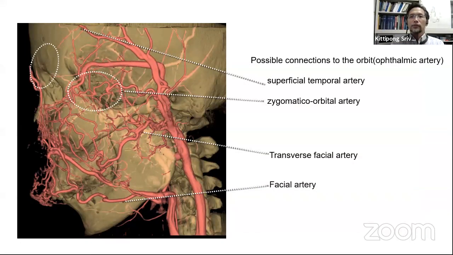So you have this kind of thing, but these are not only superficial arteries. Some of them, like the top two, the superficial temporal artery or the zygomatico orbital artery around here, will have some connections to the ophthalmic artery, which you have to be very careful about.